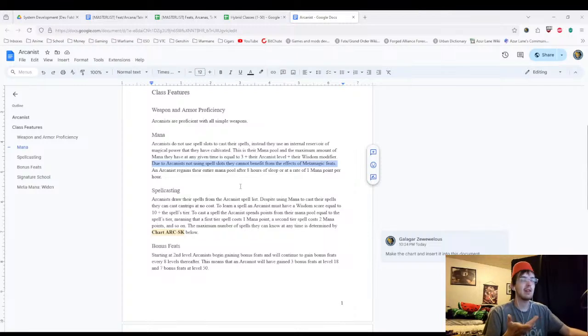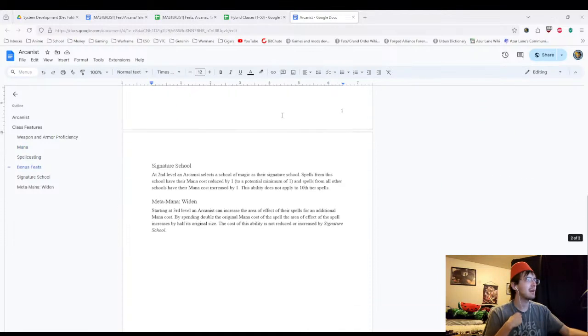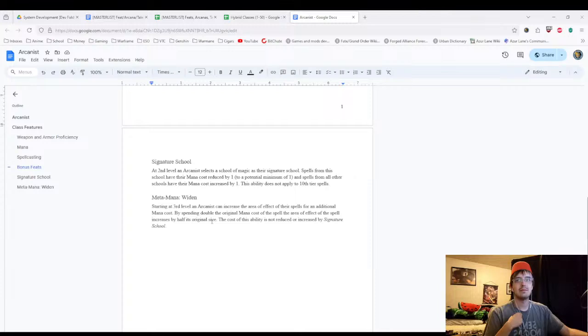I guess if they multi-class, then they have spell slots, then they can take meta magic feats, but actually no, they hard cannot benefit from meta magic. So yeah, they hard cannot benefit from it. Yeah, no, on your phone text is small.